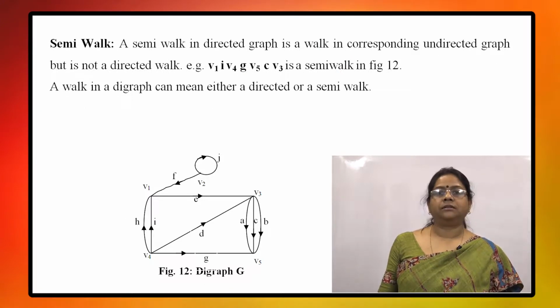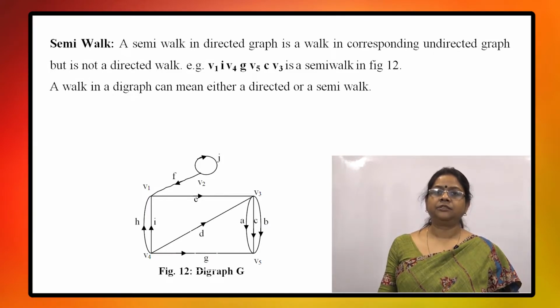So that walk is called a semi-walk. We can define a semi-walk in this way: a semi-walk in a directed graph is a walk in the corresponding undirected graph but is not a directed walk.